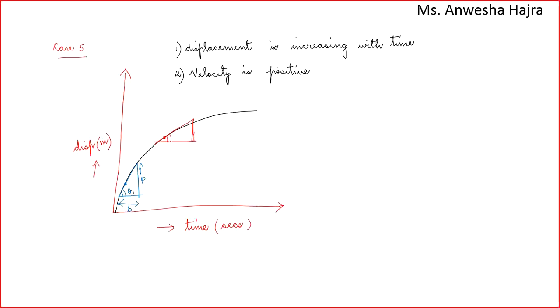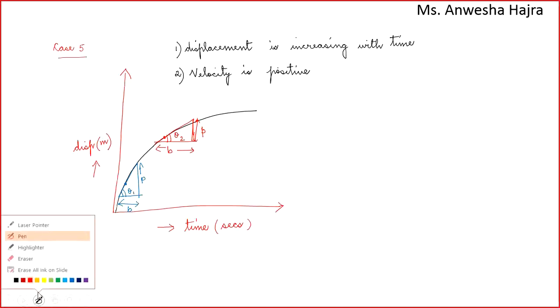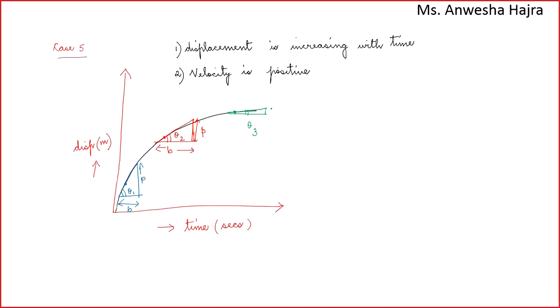This angle is decreasing, θ2. Perpendicular is decreasing. Base is increasing. Say I want to find the velocity at this point, C. I draw a tangent. This angle is θ3. See, perpendicular is going on decreasing.